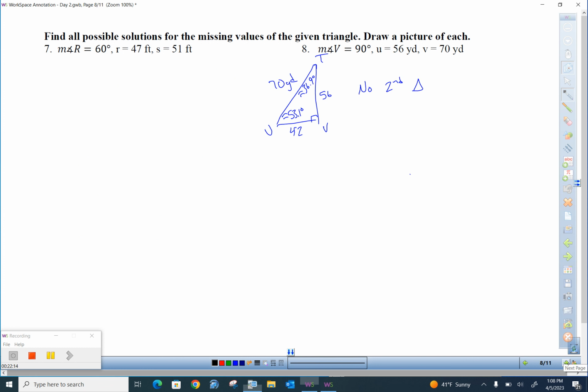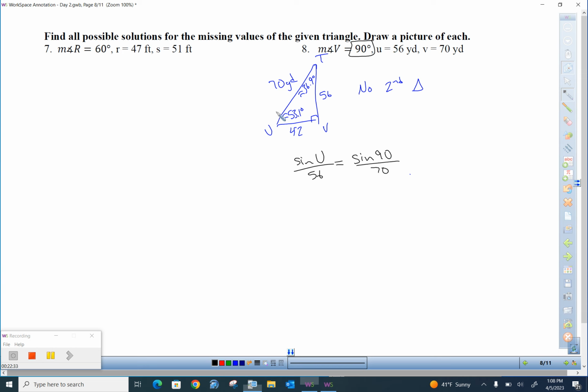Okay. This one, hopefully you noticed that this was a right triangle. If you didn't, we can still use law of sines. It would have looked like sine of u, we were solving for u, over 56 equals sine of 90 over 70.